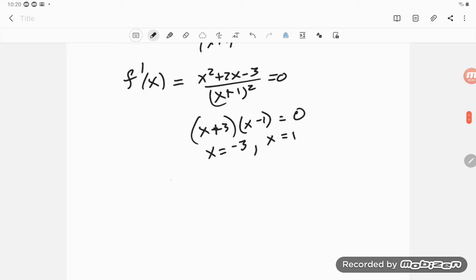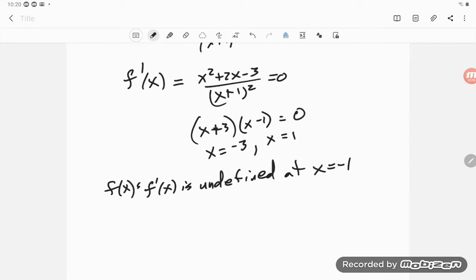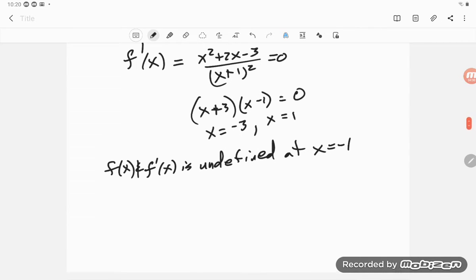But then also f prime of x is undefined at x equal negative 1. Now actually, f of x is also undefined there. So really, I would call x equal negative 1 a 0 order critical point.